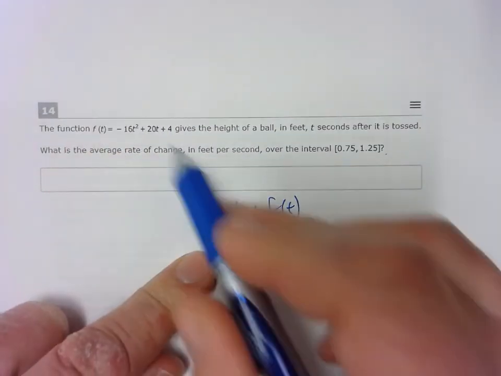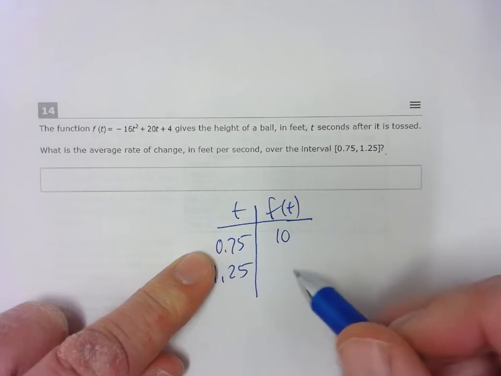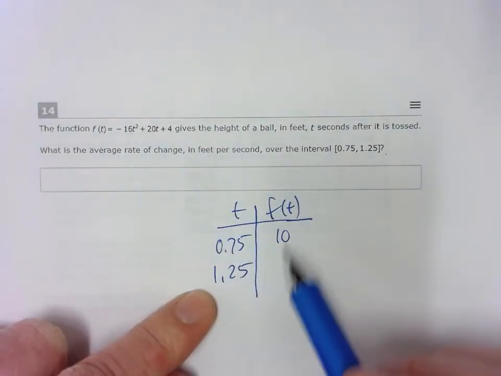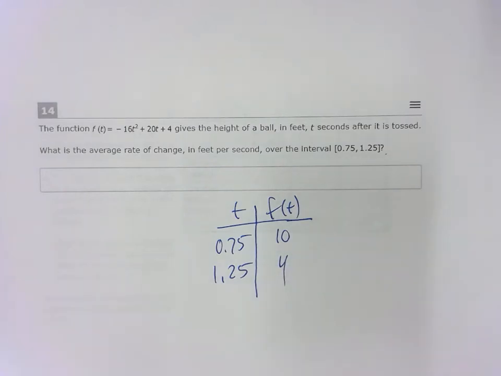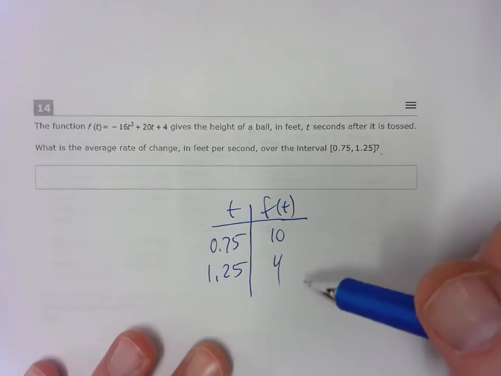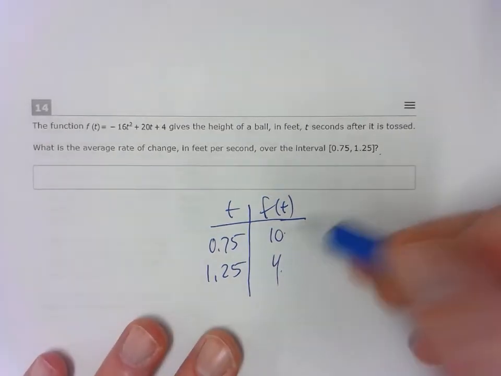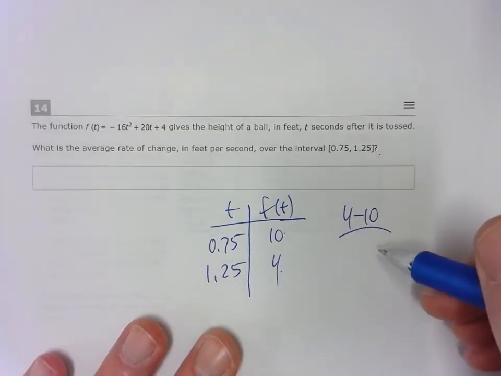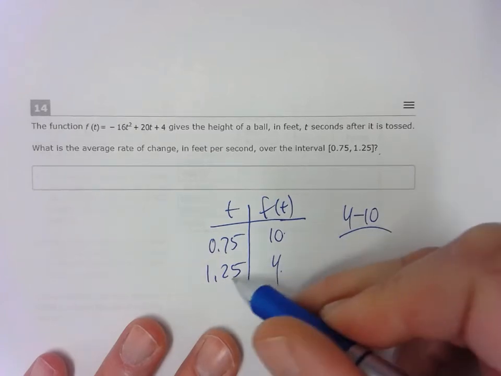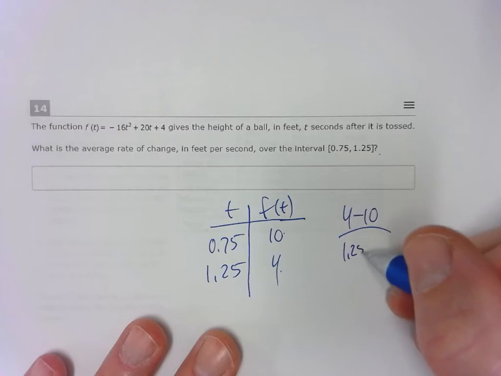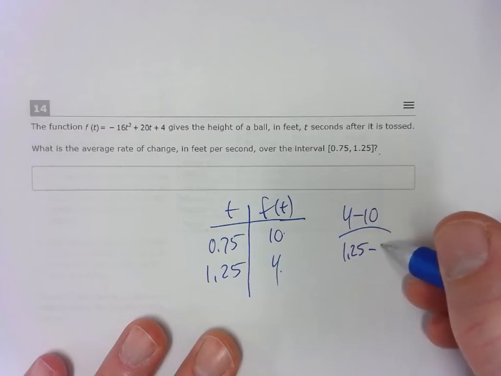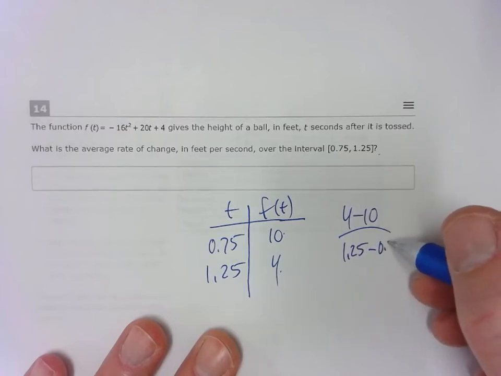So when I put this one into the equation, I got a height of 10, so I typed it into the calculator. When I put this one in, I got a height of 4. So then I need to know what's the change. Well, it's going to be this minus this, so it changed that many feet, and then this minus this, which would be 1.25 minus 0.75.